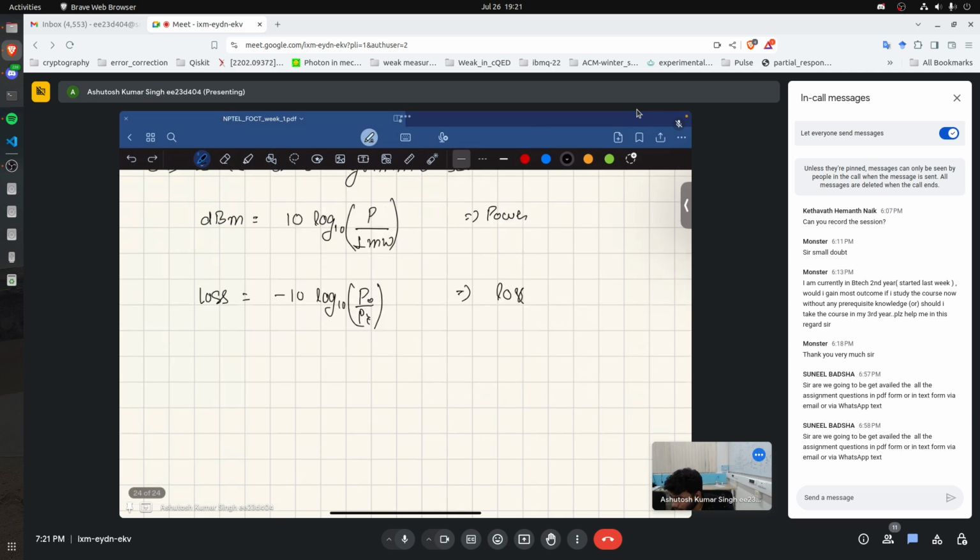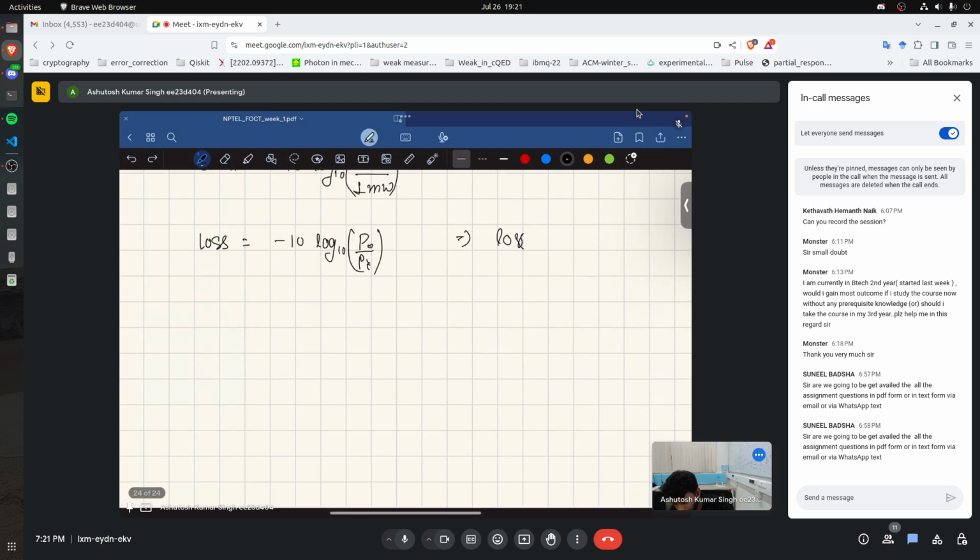Now we know the loss in the system. We have calculated attenuation in the system. Attenuation in the system is 20 dB, which means that the loss is minus 20 dB. Attenuation means the signal has been reduced by 20 dB.